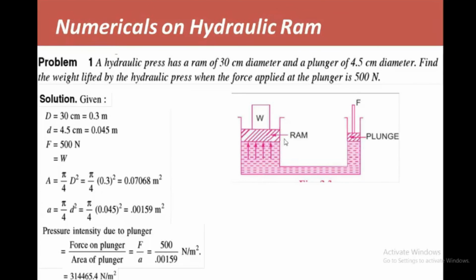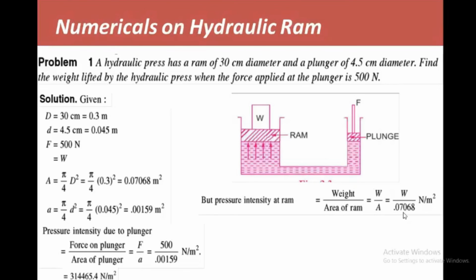So on the ram the area is 0.07068 meter square. That same pressure, the intensity of pressure at ram, equals weight upon area of ram. We do not know how much weight it lifts, so W upon 0.07068 Newton per meter square. Then as per Pascal's law, intensity of pressure at plunger should equal intensity of pressure at ram.